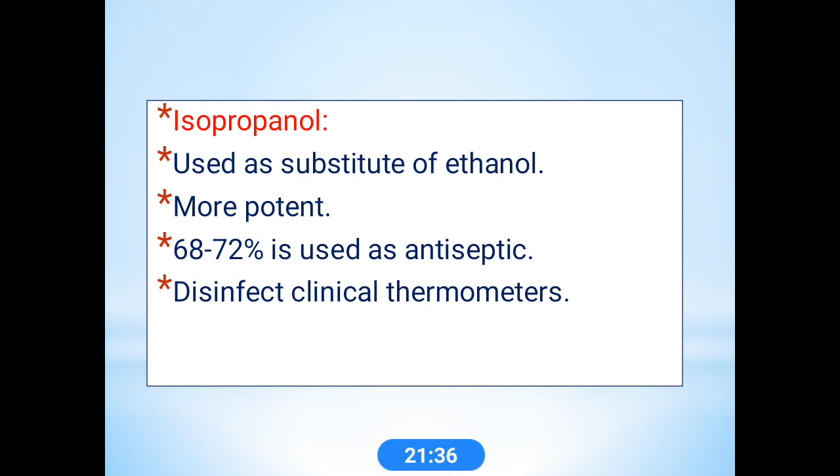Isopropanol is mainly used as a substitute for ethanol, and 68 to 72% is used as an antiseptic. 70% isopropyl alcohol is mostly used in hand sanitizers and hand rubs. These are widely used antiseptics and disinfectants, for example for clinical thermometers.